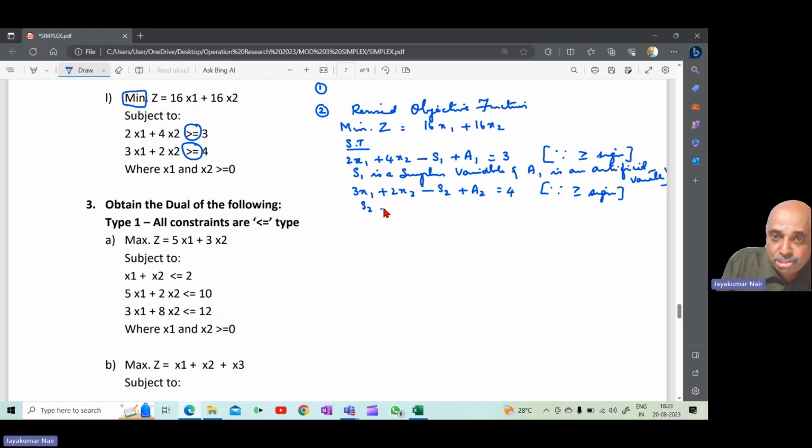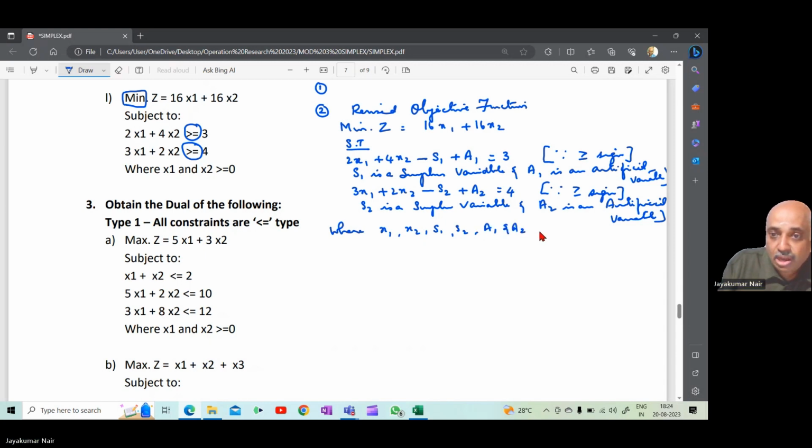So here s2 is a surplus variable and A2 is an artificial variable, where x1, x2, s1, s2, a1 and a2 are greater than or equal to 0.